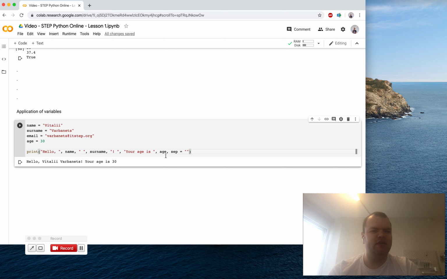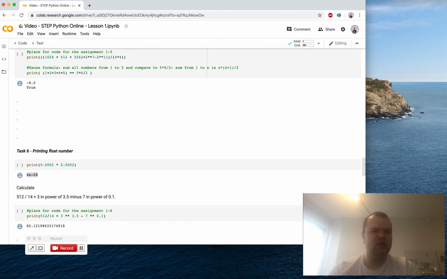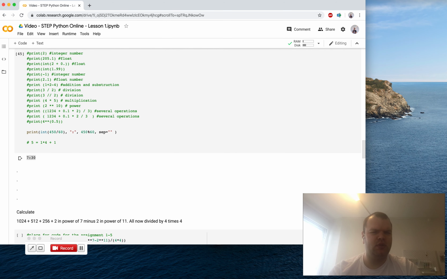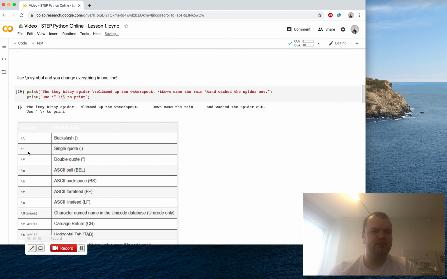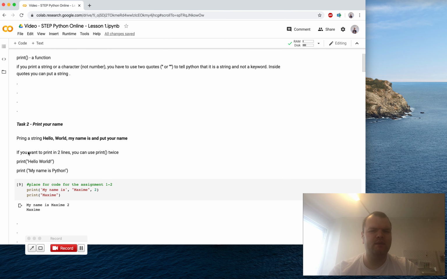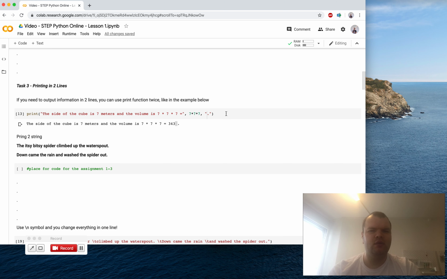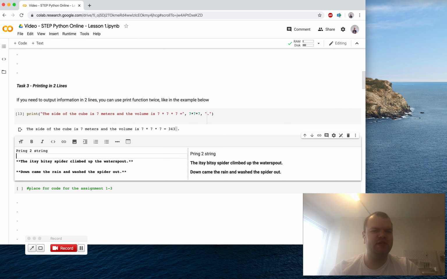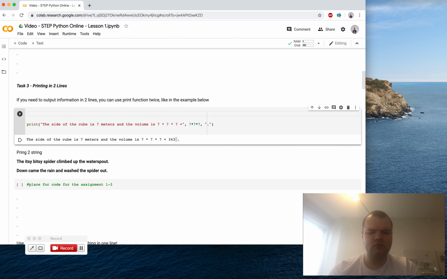What's also great is that if you want to print something that we were using before, let me return to the cube function. Yeah, here we have the side and everything like this. So let's change this code a bit with variables. And we can say that side equals 7.